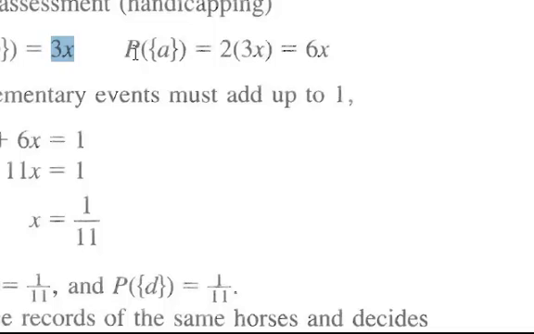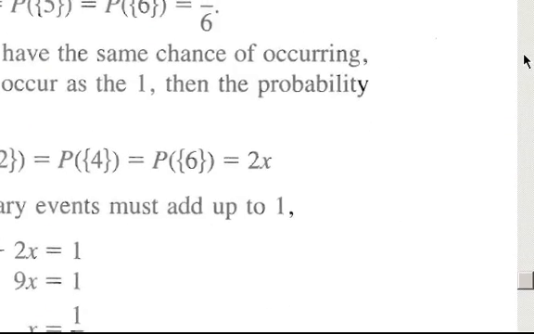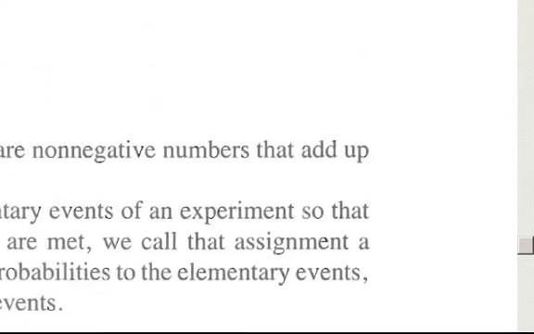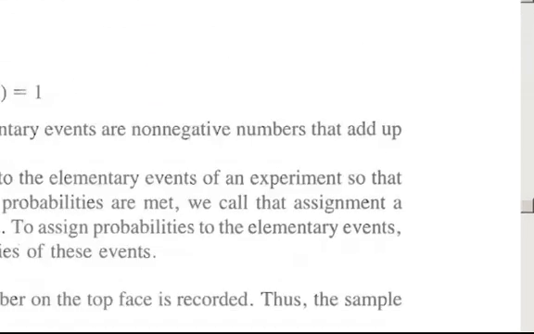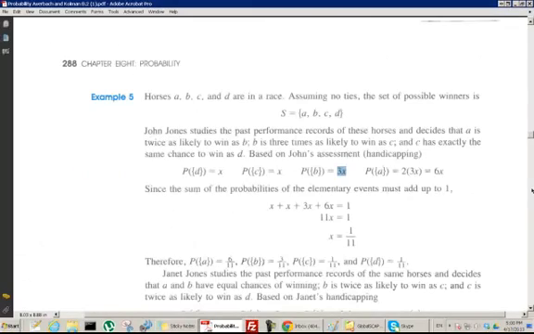And then the probability of A is twice as likely as B, so that should be 2 times 3x, or 6x. Now we use these properties, and when we add them all up, we have to get 1. So x plus 3x plus 6x has to add up to 1. That's 11x equals 1, so x has to be equal to 1/11.